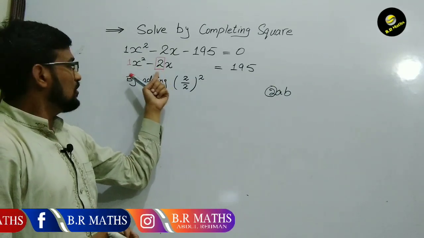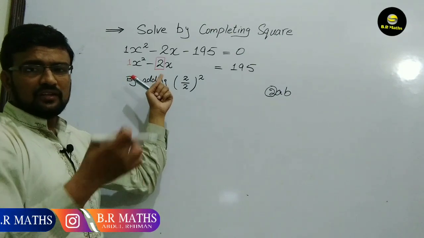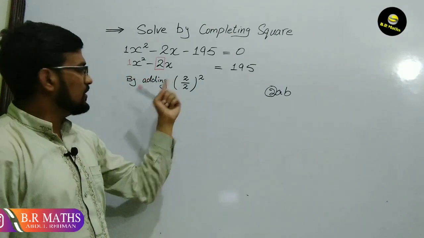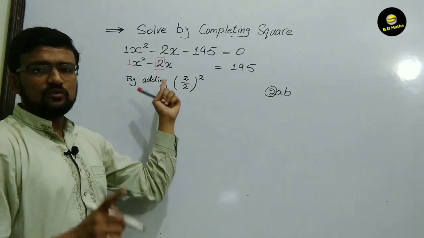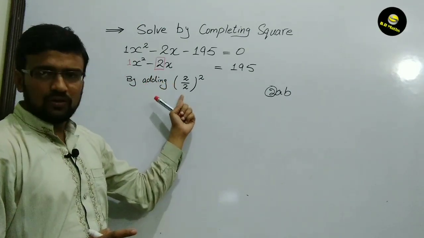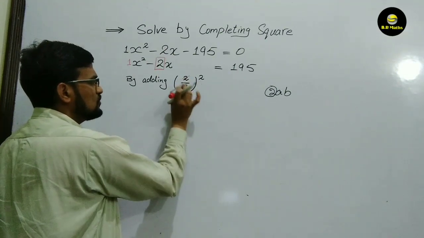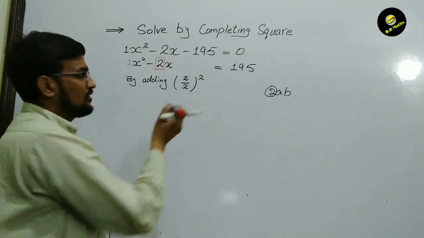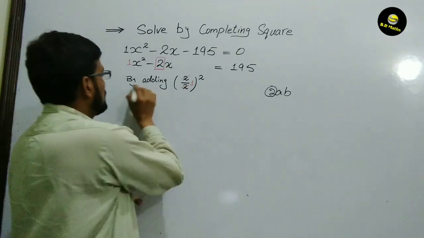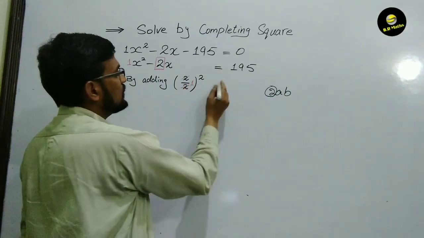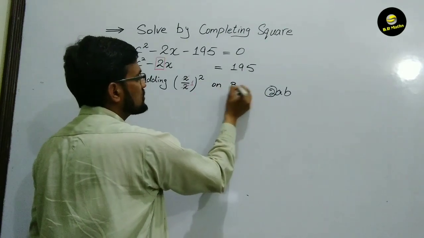The x coefficient is 2, half means divided by 2, and directly it is 1. So take the square of 1 by adding the square of 1 on both sides.